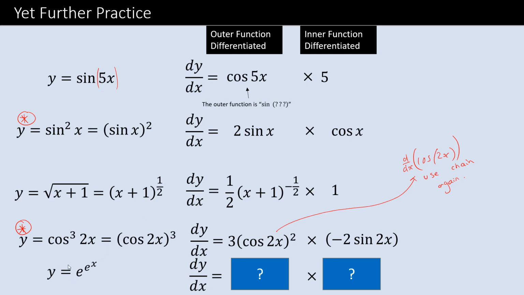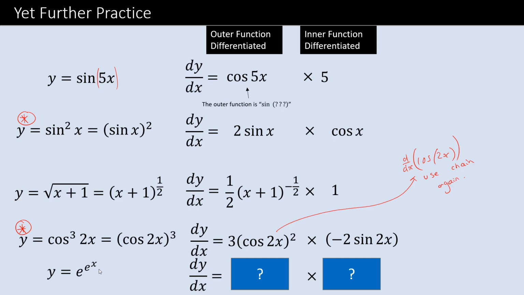This last one, e to the x. The function that we're going to have to consider as our substitution is e to the x.